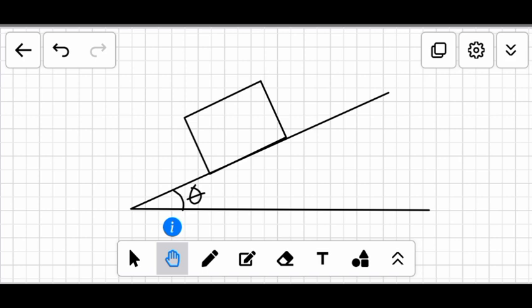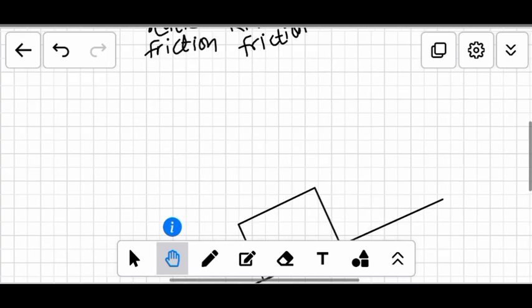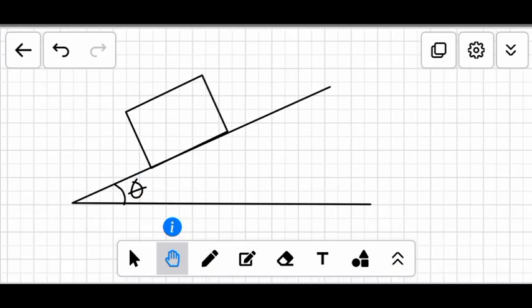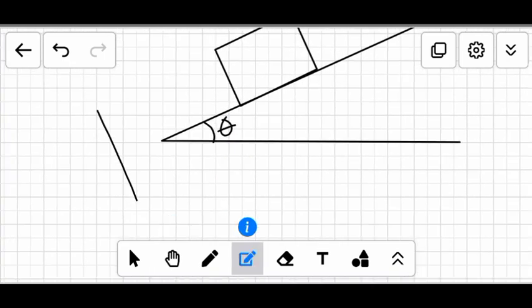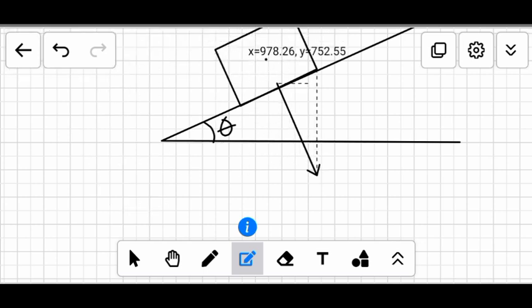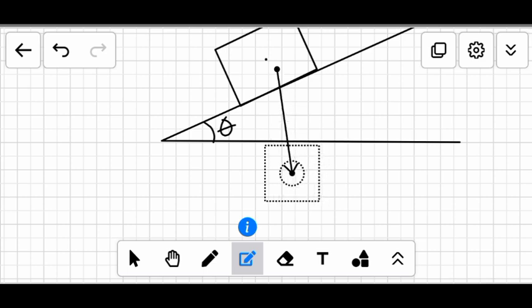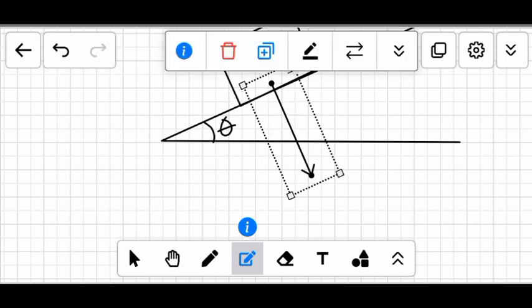But in this case now, the weight of the body will now be two-dimensional because part of it would be used on the inclined plane. Part of it will act in this direction.